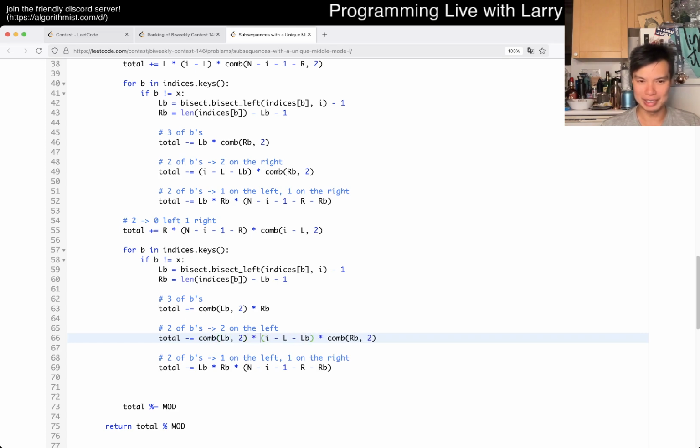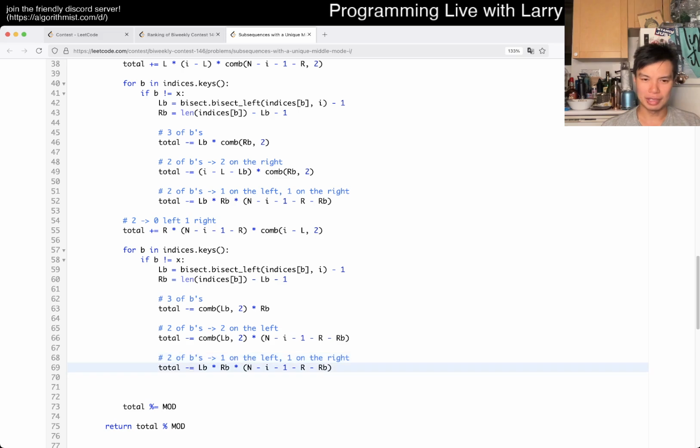It's so easy to make a mistake. And then on the right side is 1 of anything, so it's whatever's left on the right side. So this is the number of things minus R minus RB, right?